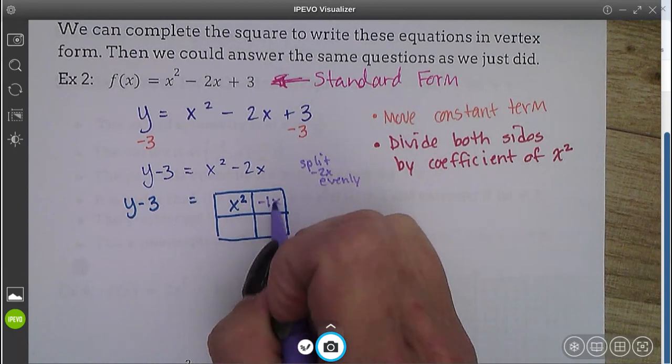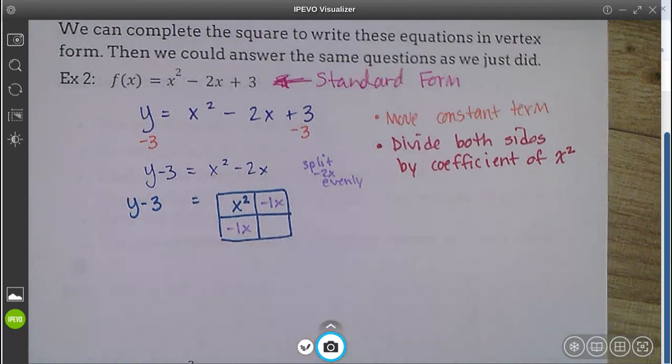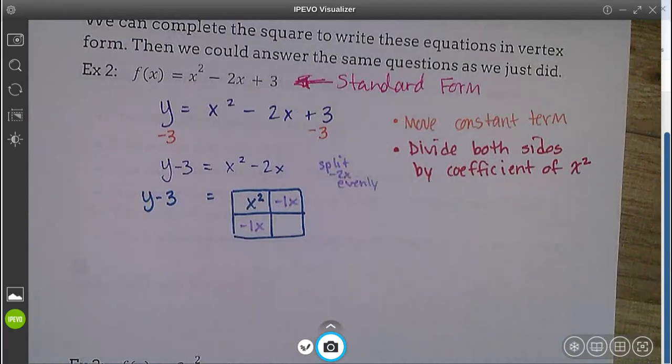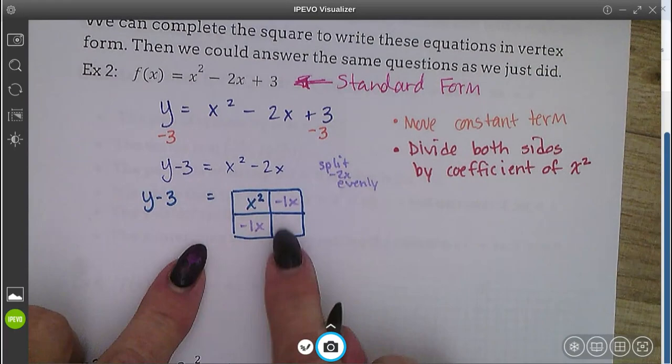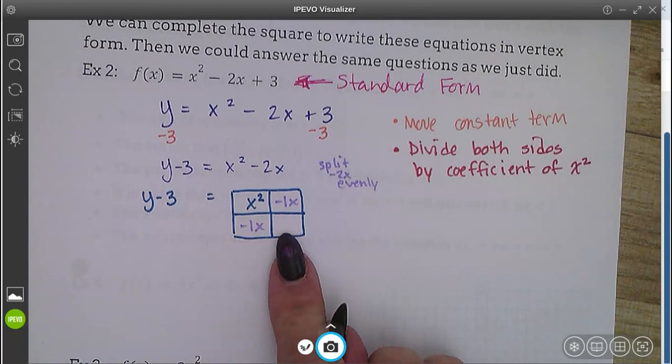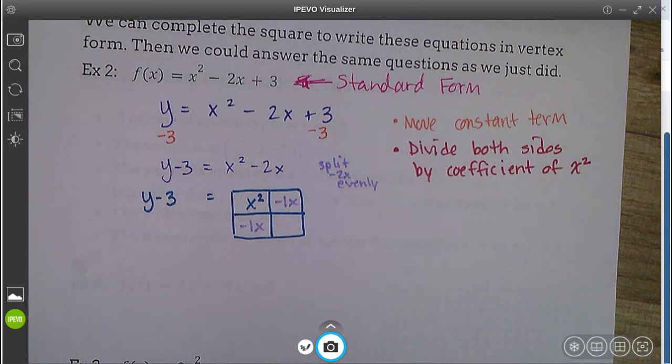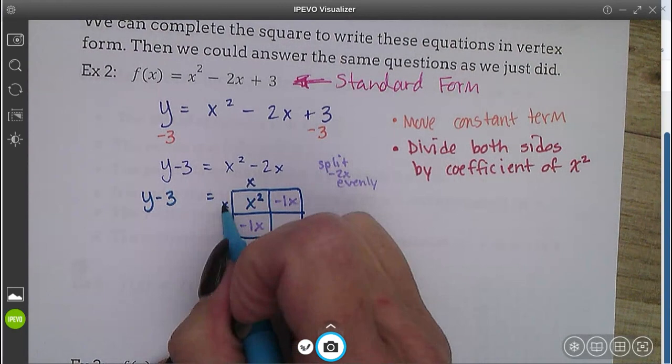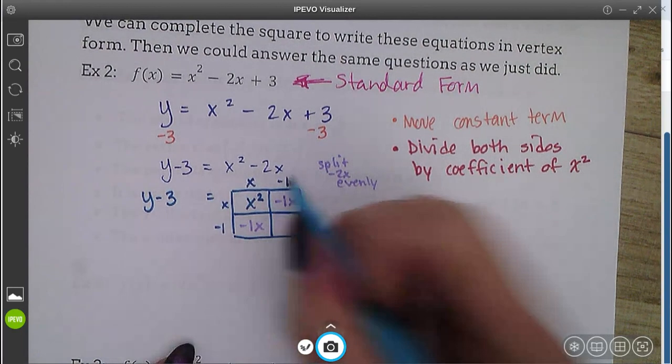So negative 1x here, negative 1x here. And then I have to figure out what's going on the outside edges so I can figure out what's going into this space right there. So what goes on the outside edges is going to be x and negative 1 and negative 1.